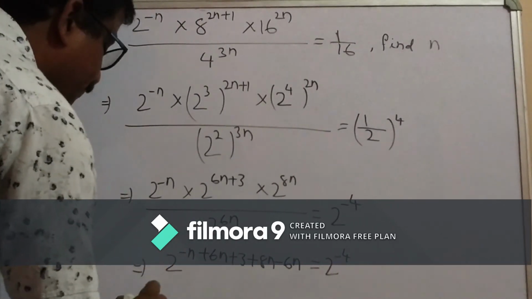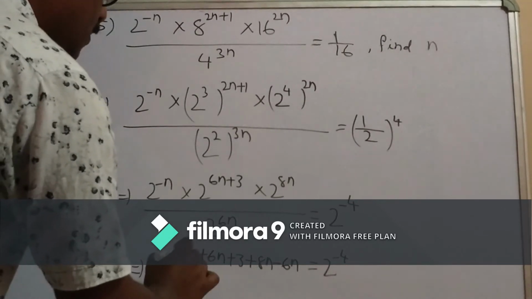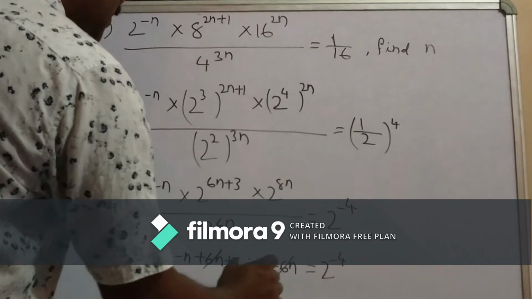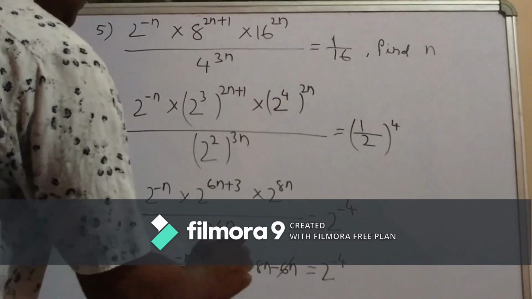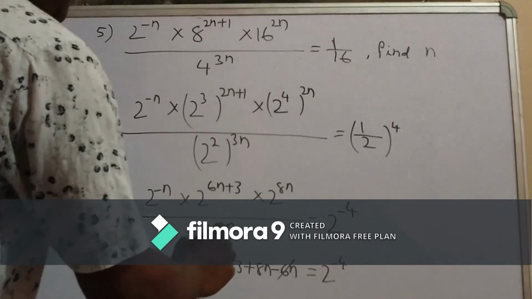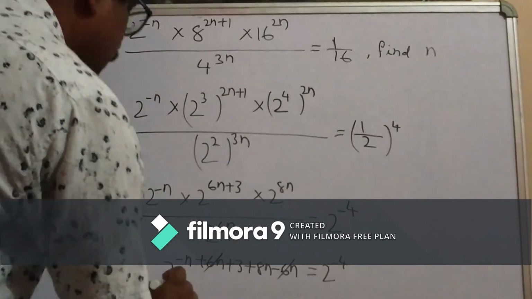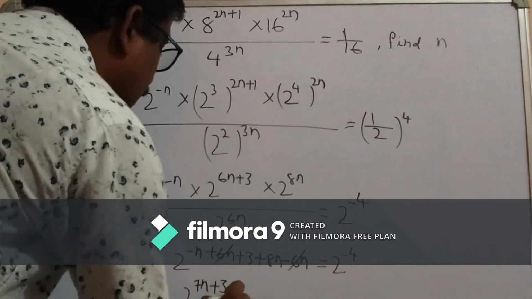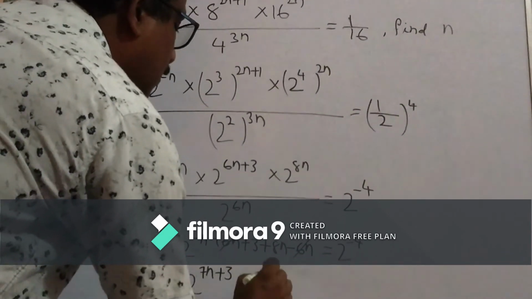Now 2 to the power minus n plus 6n plus 3 plus 8n minus 6n. 6n minus 6n cancel, minus n plus 8n becomes 7n plus 3. So write 2 to the power 7n plus 3 is equal to 2 to the power minus 4.